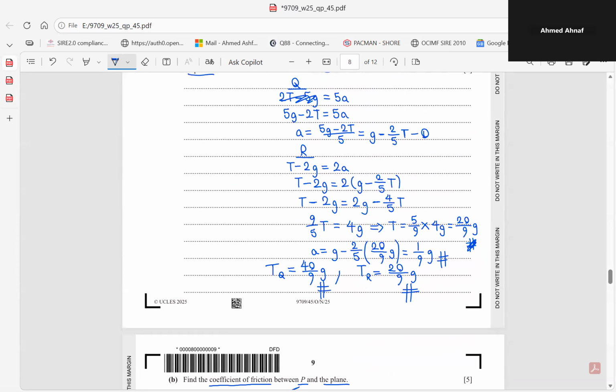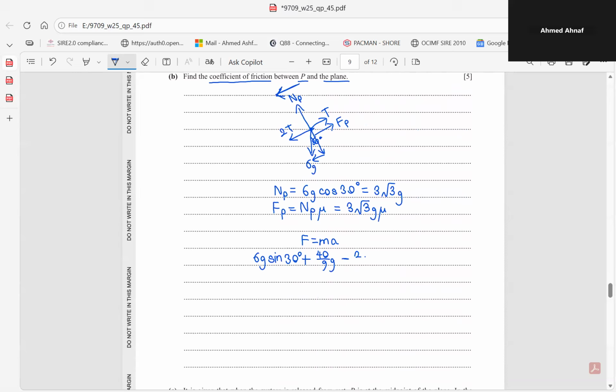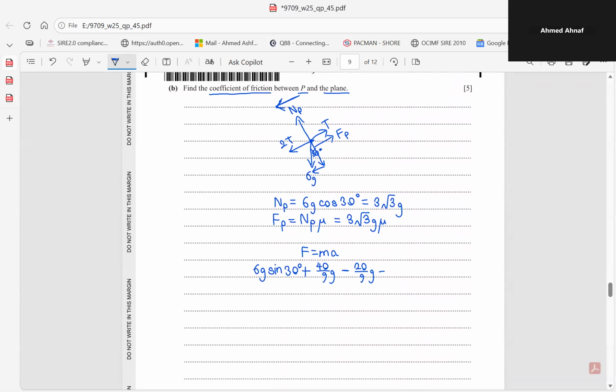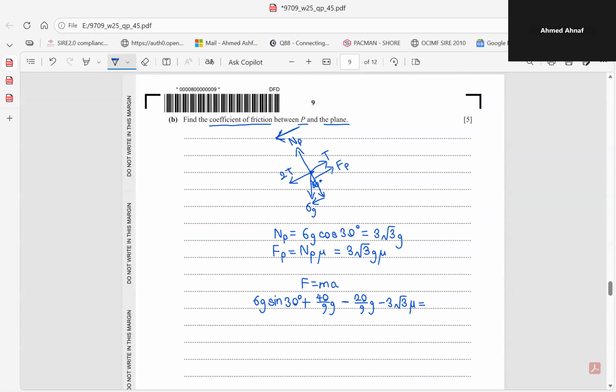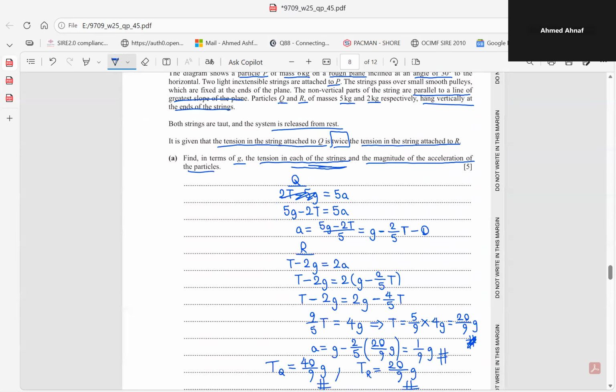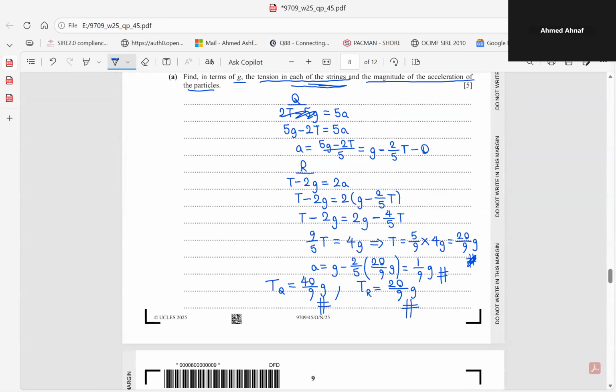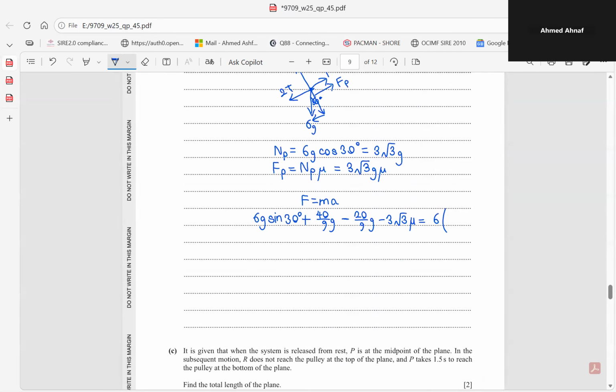So T is 20 over 9g, minus FP, which is 3 square root 3 mu. This equals ma, so mass is 6 kg, and then a is 1 over 9g.